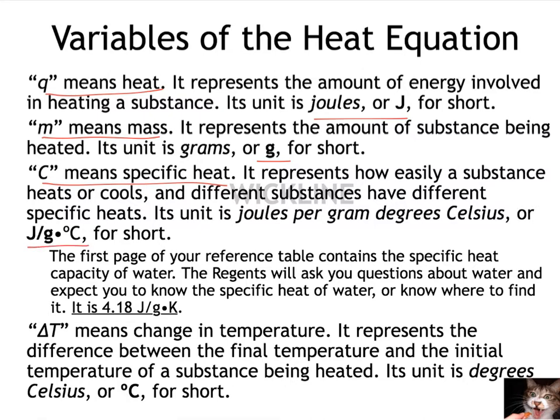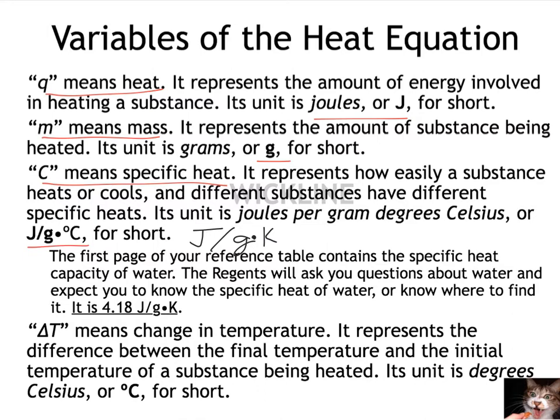And actually, on your reference table, it might also be listed as joules per gram Kelvin, just like the temperatures that we learned yesterday. So you can say it either way because a Celsius degree and a Kelvin degree are the same size.